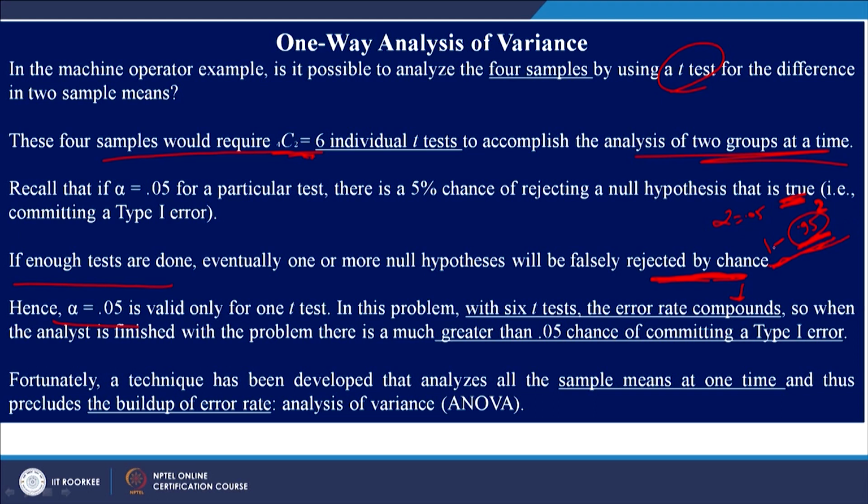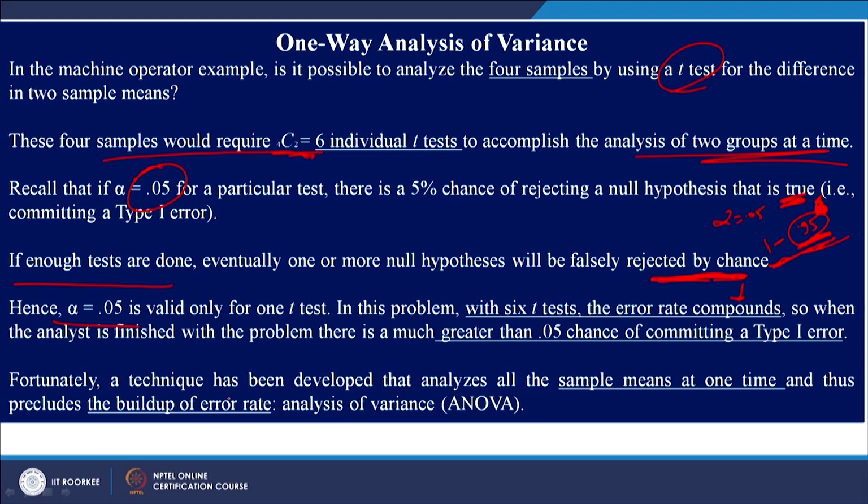That value, 1 minus 0.95 to the power 6, is the probability of making a type 1 error, which is much greater than 0.05, right.